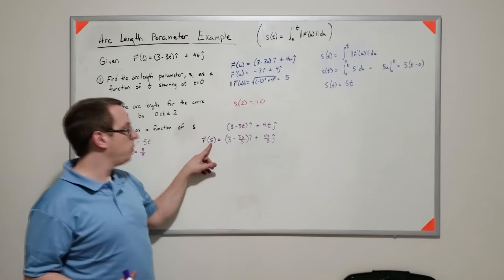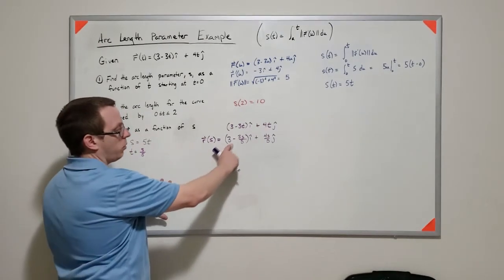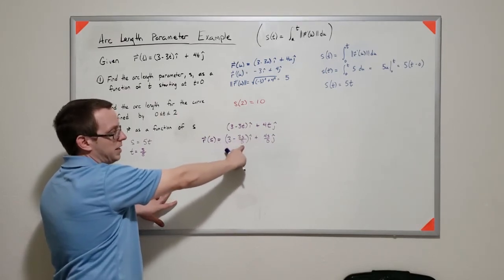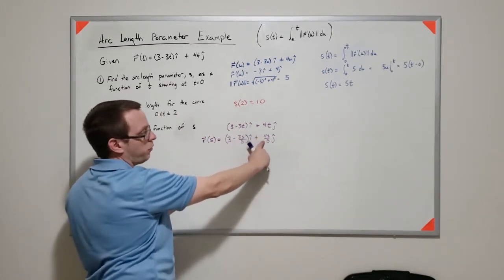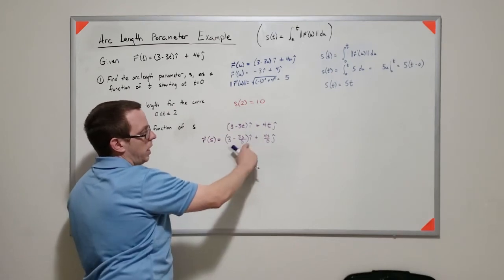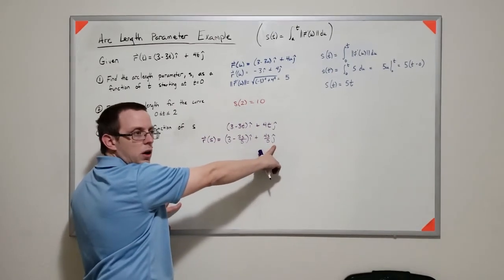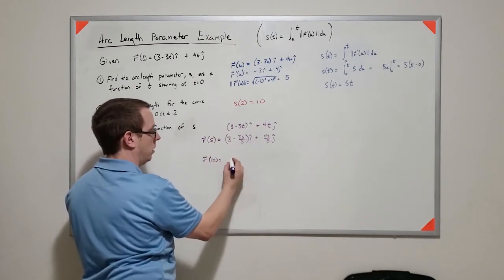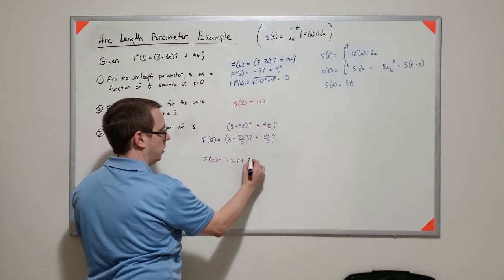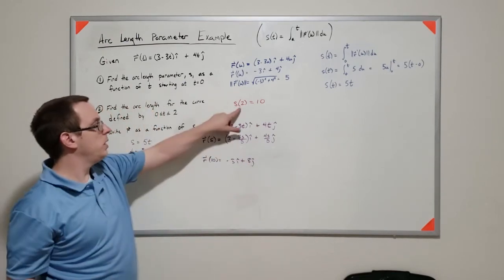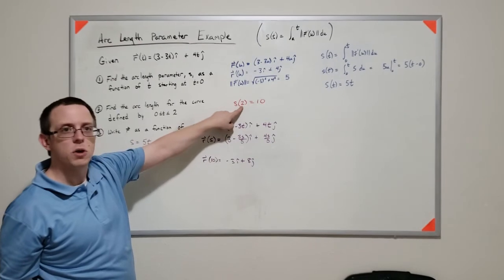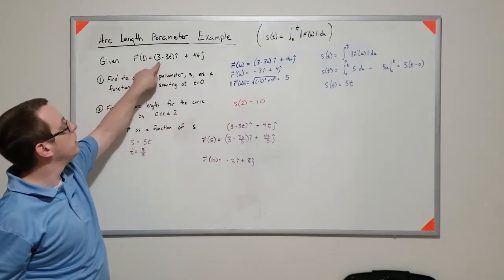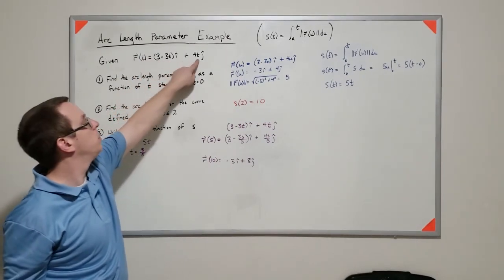Well, if I plug that in here, I would get 3 minus 30 over 5, so that's 3 minus 6, so negative 3i plus 40 over 5, so negative 3i plus 8j. And it would be no different than when we solved it as a function of t. If I plug 2 into the original function, that's 3 minus 6, which is negative 3, plus 8j.